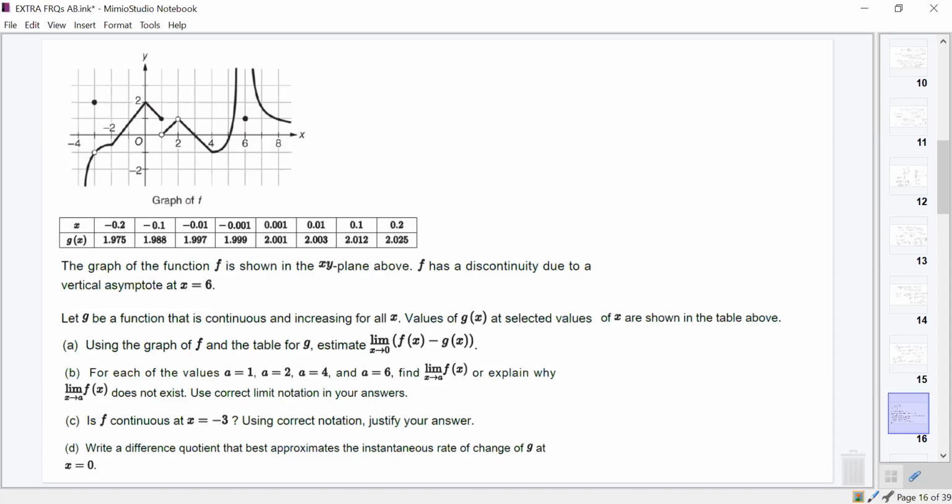So I'll give you guys a second to read through this one, and then we'll start working through it. So if I take 2 minutes and just sort of think about what you might do for each thing, and then we'll go through them.